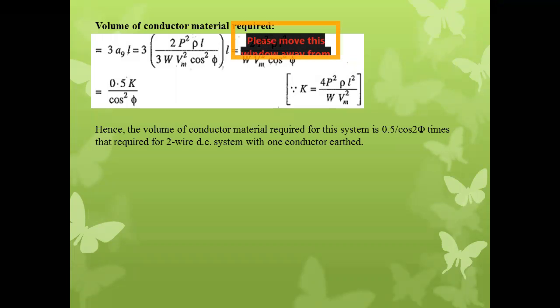Okay, so simplify this equation in the form of K: 2 into P square rho L square divided by W into Vm square cos square phi. By multiplying with how much will we get the value for K? Tell me.